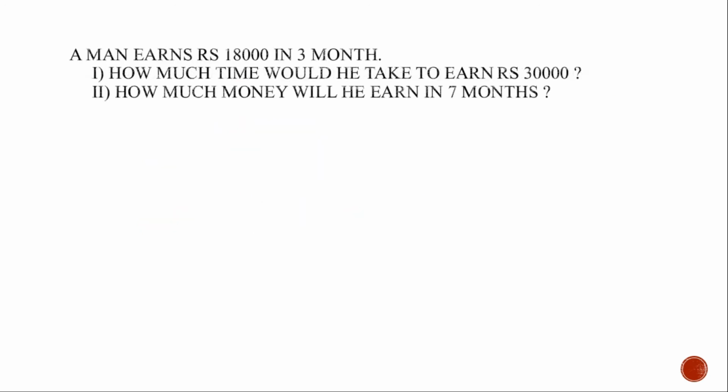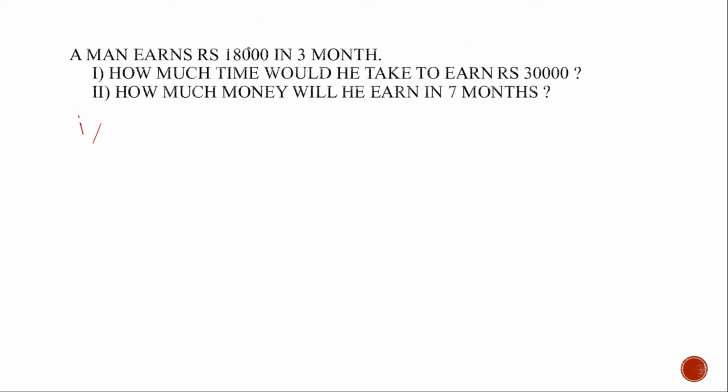Next question. A man earns rupees 18,000 in 3 months. So how much time would he take to earn rupees 30,000? And number two, how much money will he earn in 7 months? First we will solve number one. In number one, the amount is given.